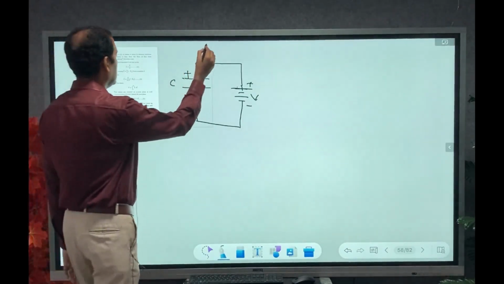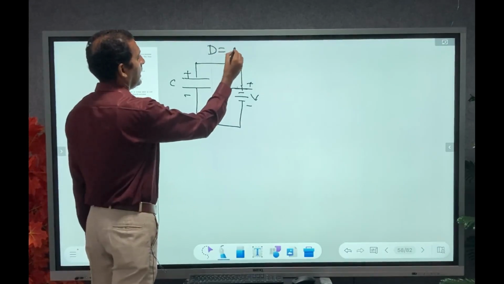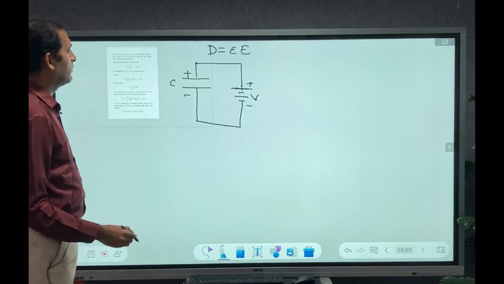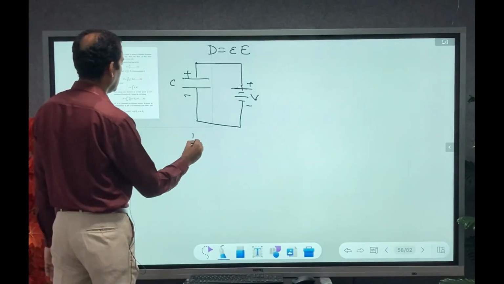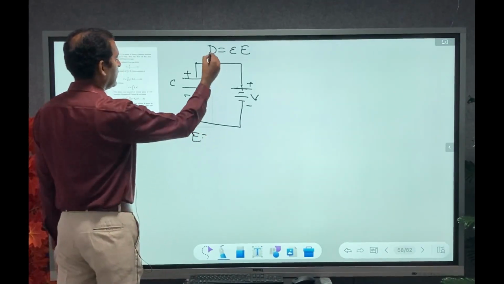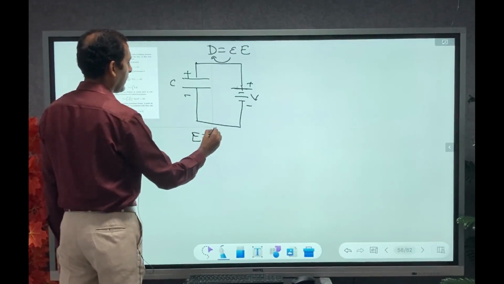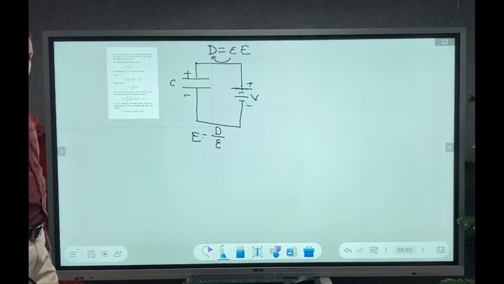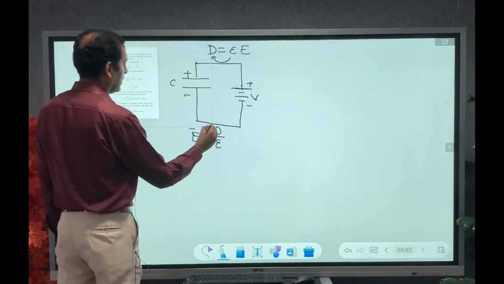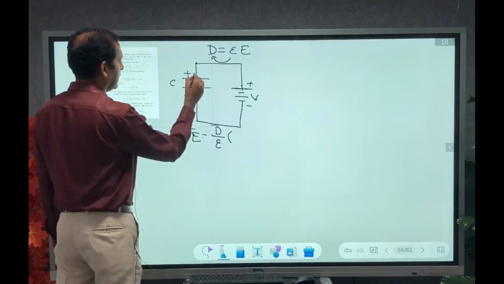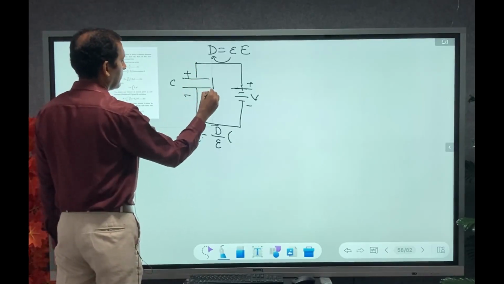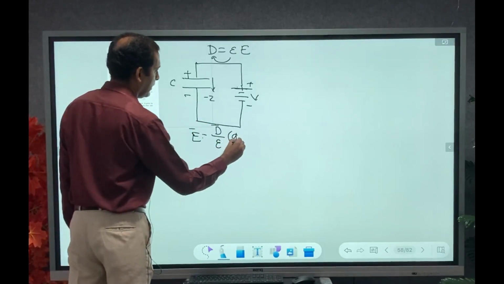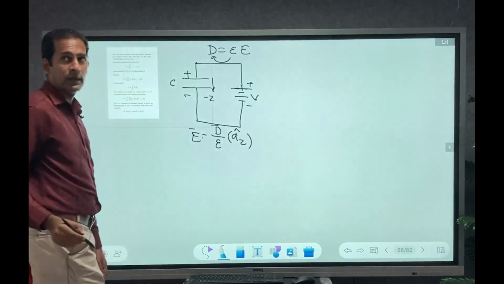So what we have seen is that the relation between D and E is given by D is equal to epsilon E. So from here we can say E is nothing but D by epsilon. Now if we consider vector and direction, say this is going down towards the minus Z direction, so direction will be minus az cap.